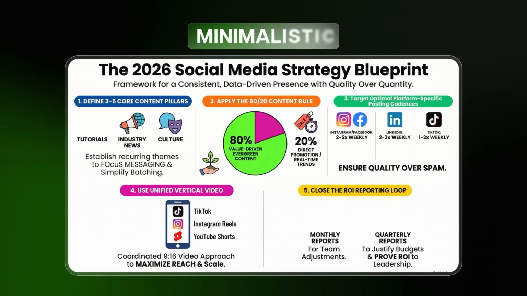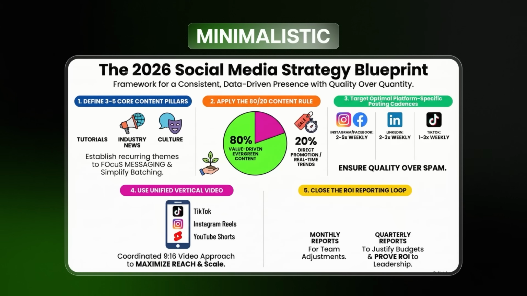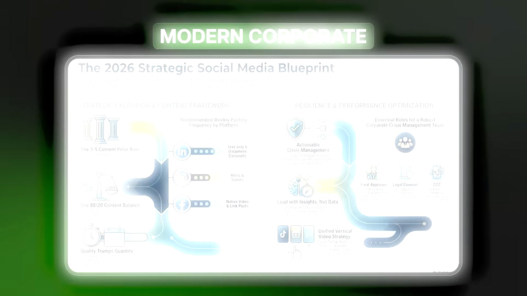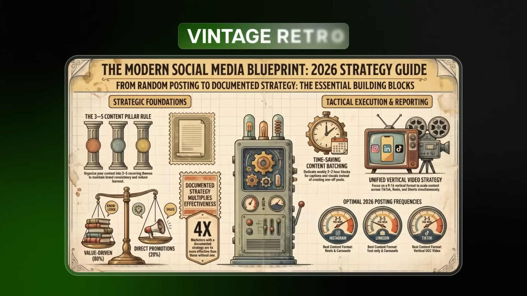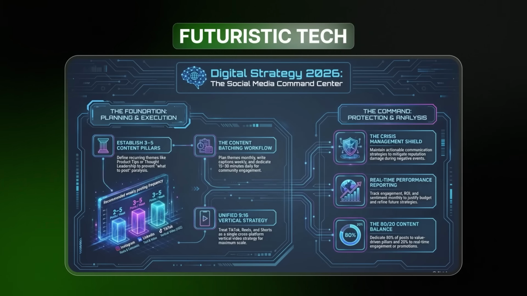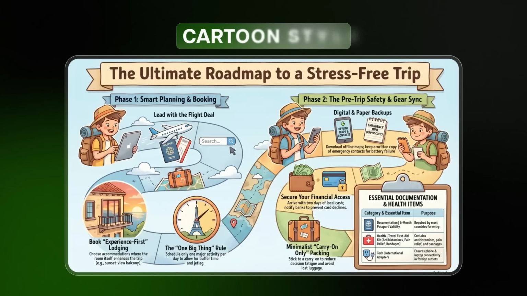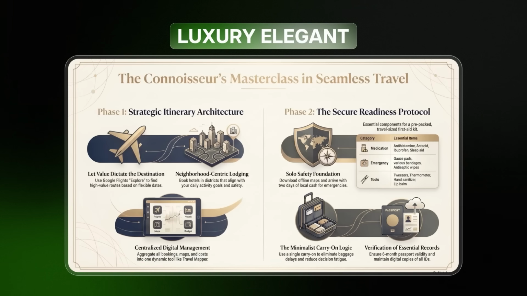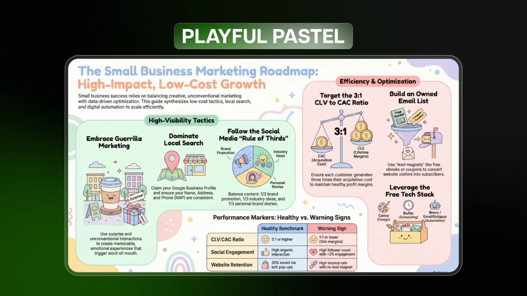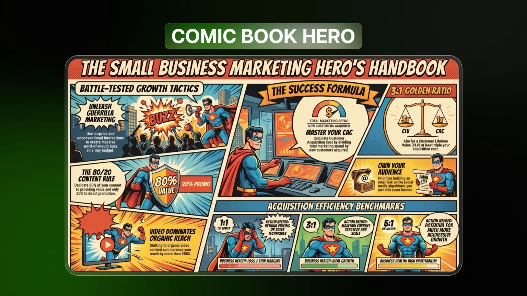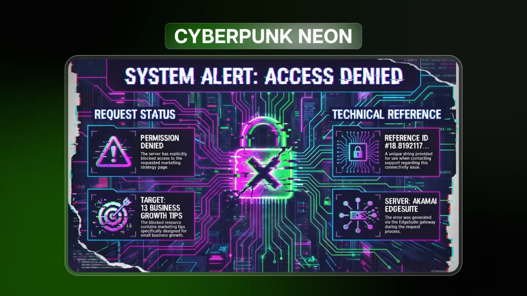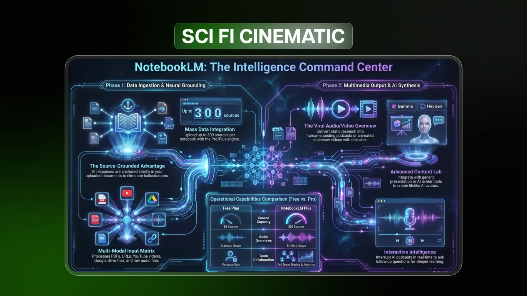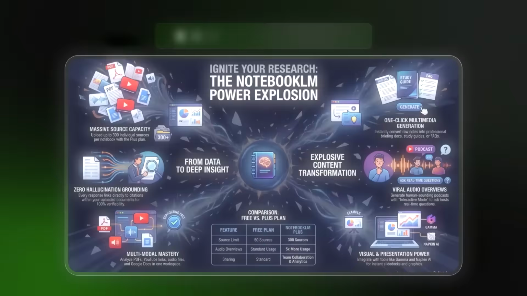So here is what minimalistic looks like if you use that as your style, modern corporate, bold and colorful, vintage retro, futuristic tech, flat design, cartoon style, luxury elegant, nature inspired, this is dark mode, playful pastel style, comic book hero style, cyberpunk neon style, sci-fi cinematic style, explosion effect style, vapor wave style, and legendary quest style.